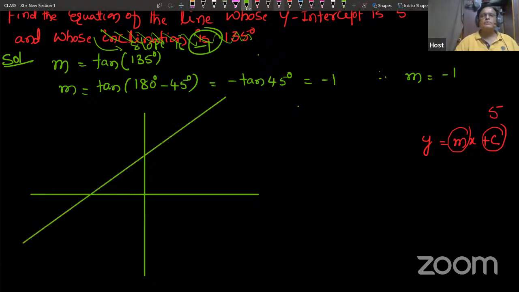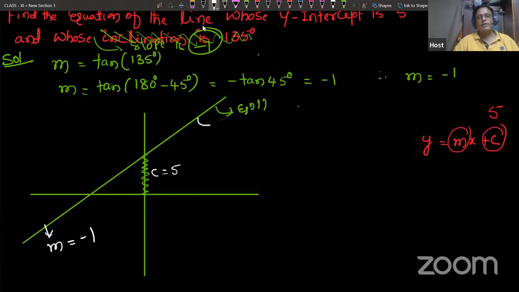But whose y-intercept is 5? This is 5, that is c is equal to 5. And the slope is minus 1.